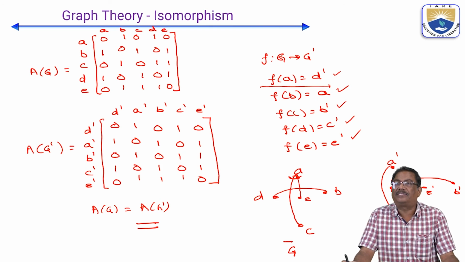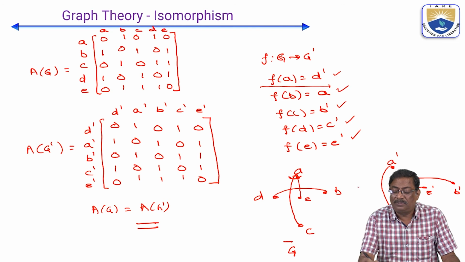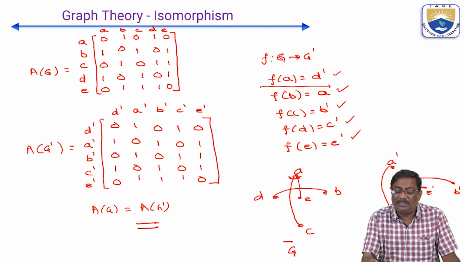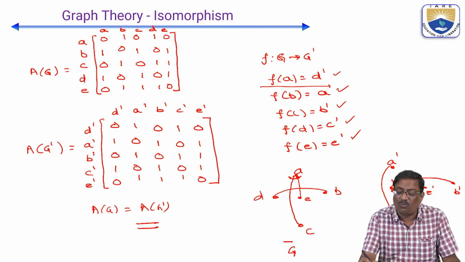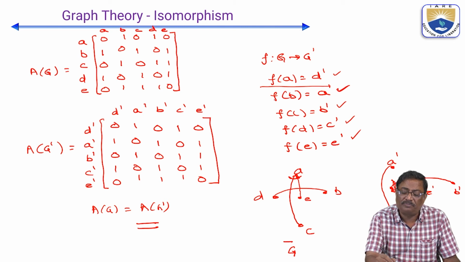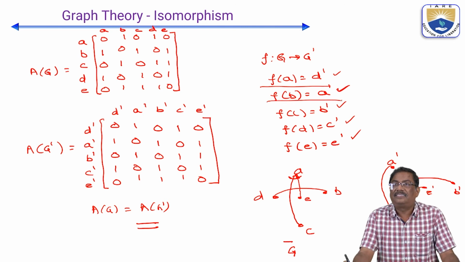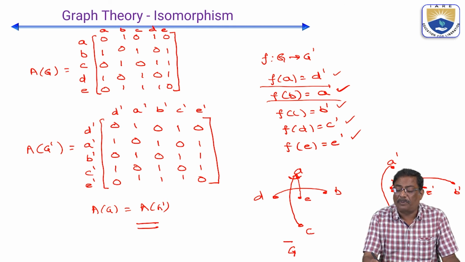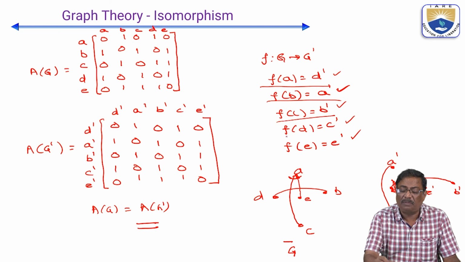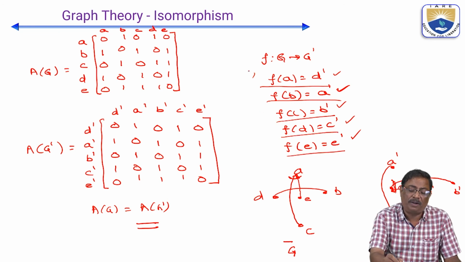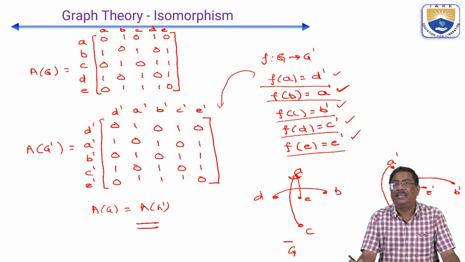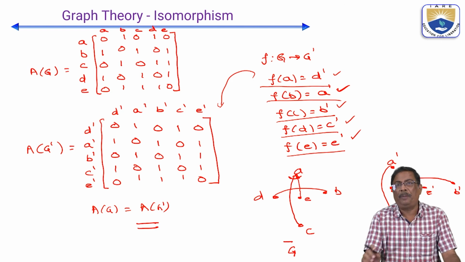Next, the degree of B is 1, and the degree of A dash is also 1, so I am going to map these two. Next, C is mapped to B dash because it is 1, 1 only. Like that I am mapping, and from that mapping we can construct the adjacency matrix in this way.